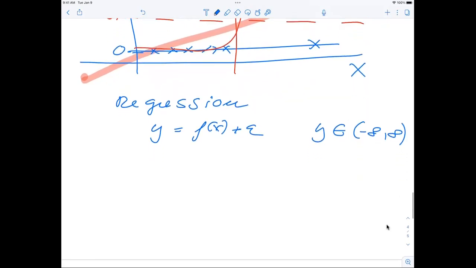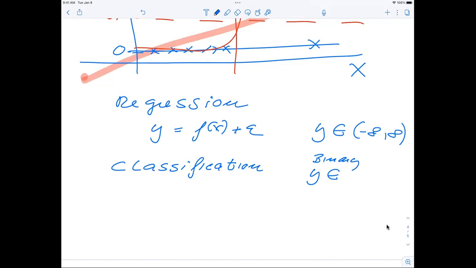Now, in the classification case, on the other hand, we are going to make another assumption about the data. So here, if we look at a binary problem, so I need to specify this is a binary case, you are not limited to a binary case. What you have is a discrete set of outputs. So it doesn't need to be just a binary case. You can have as many types of outputs as you want, but the case is a discrete set of outputs. And this is the opposite of what we had before, where we had a continuous function.